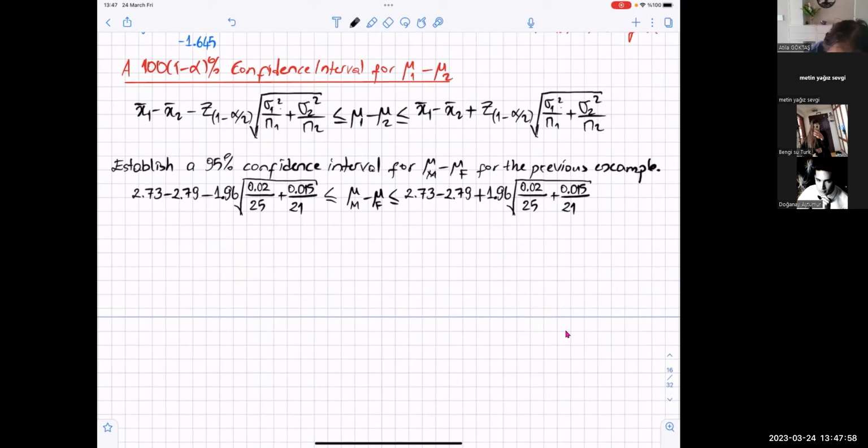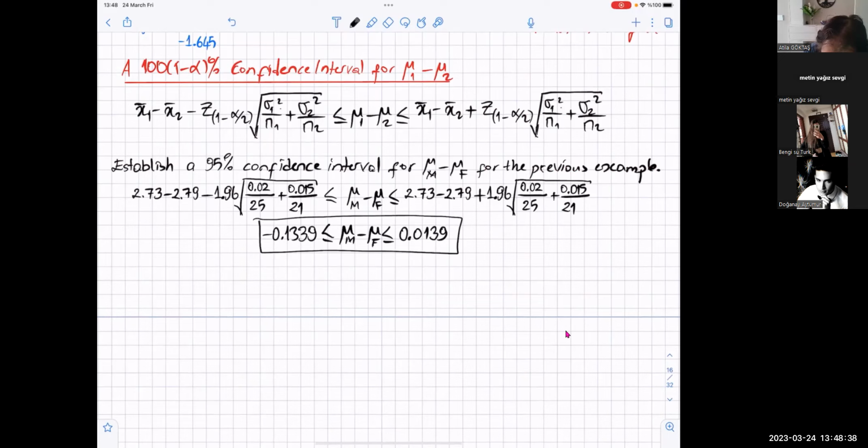The lower bound I find is minus 0.1339. That's the lower bound for mu male minus mu female, and the upper bound is 0.0139. There you go. That's the confidence interval.